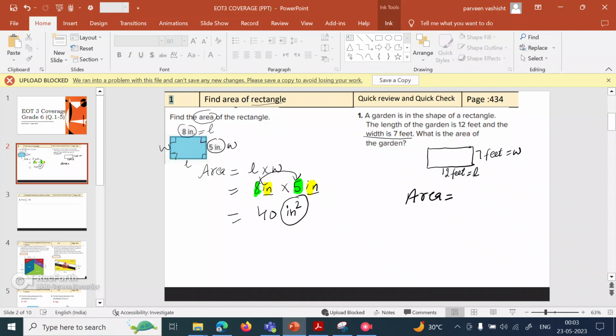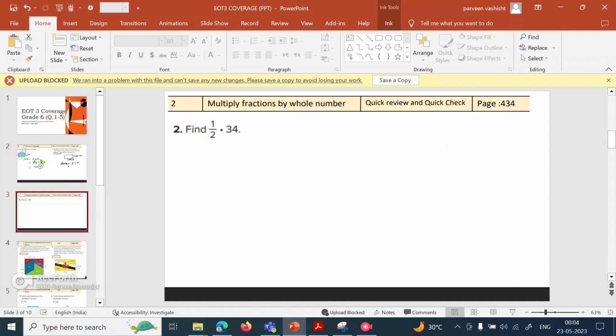Again, put the formula for area, length multiplied by width, where length is 12 feet and width is 7 feet, and find your area. This is your question number 1. Let's go to question number 2.